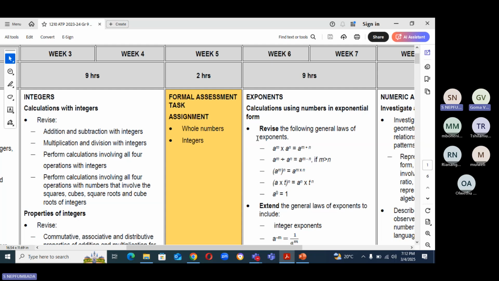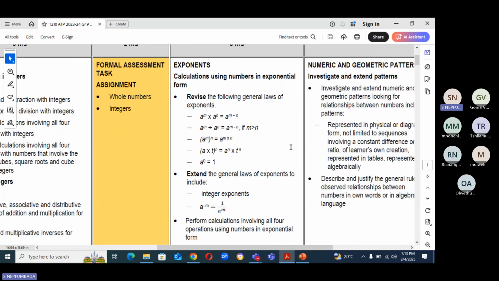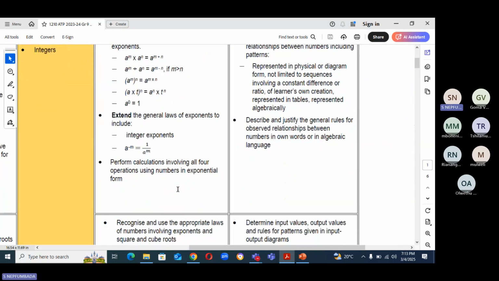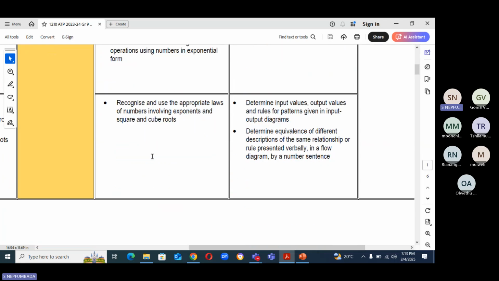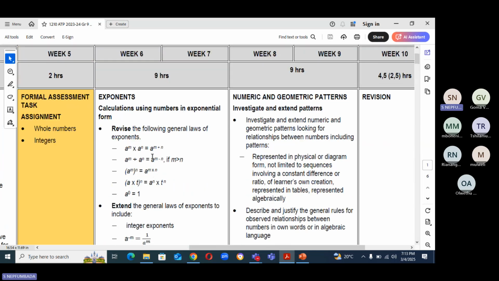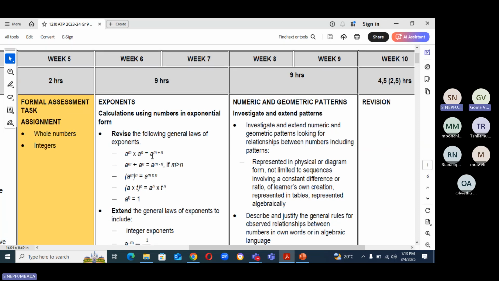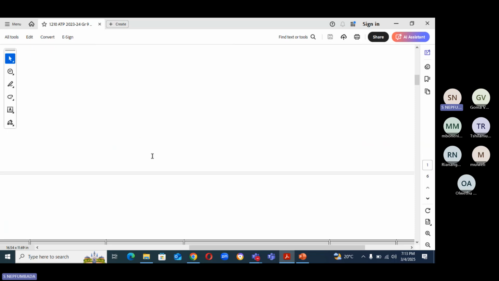So it means we are moving to what we call the laws of exponents. Then we perform calculations involving the laws of exponents. I think this is what we have to do for today because we are following your ATP.